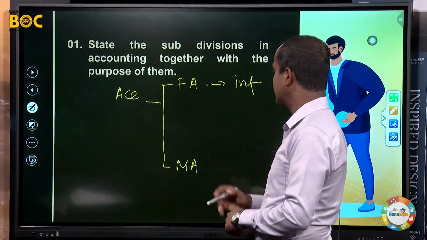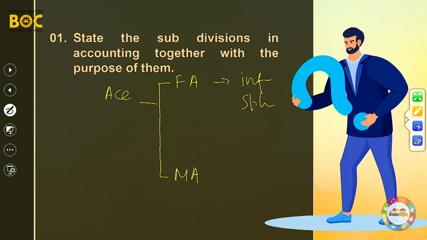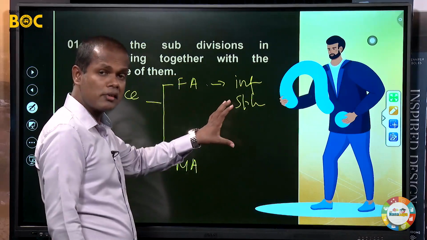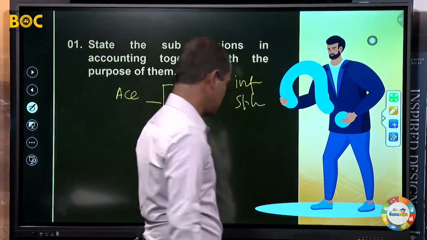The interested parties we call stakeholders. The purpose of financial accounting is to provide information for the parties who are interested in the business, whom we call stakeholders, for decision making.